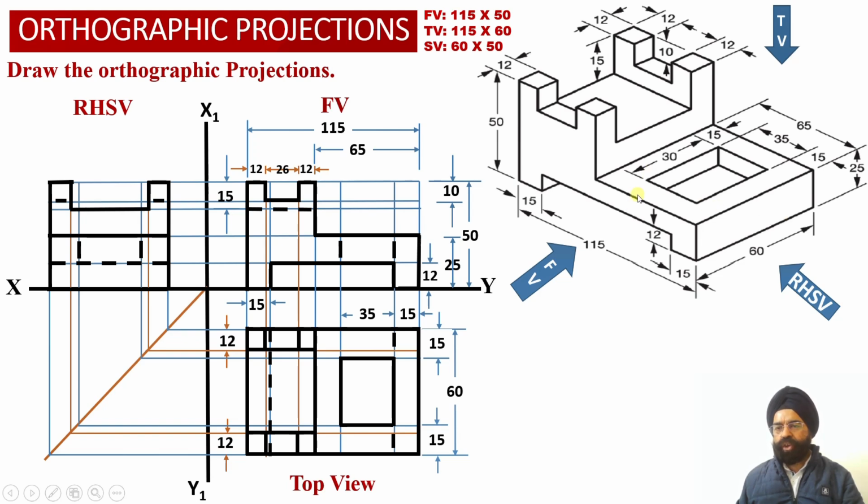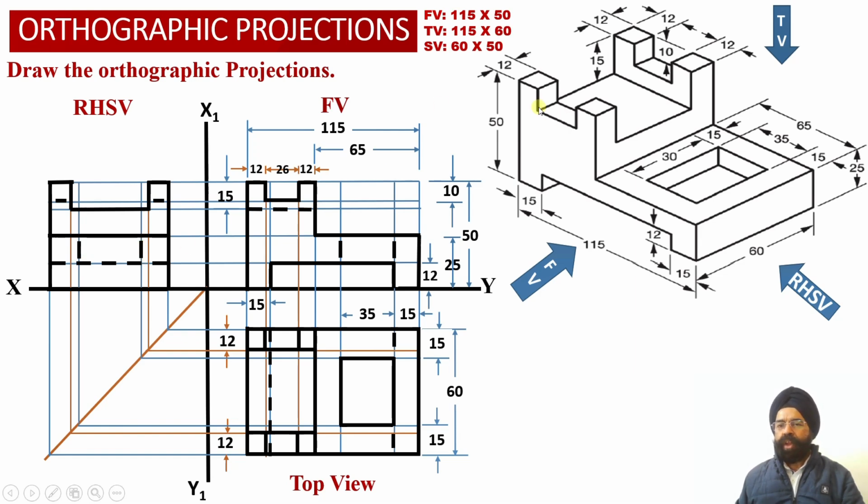Why? Because the total height happens to be 25 millimeter, whereas this slot is available up to a height of 12 millimeter. So into this solid element, which has a height of 13 millimeter, we have marked this dotted line projection only between these two cross sections.